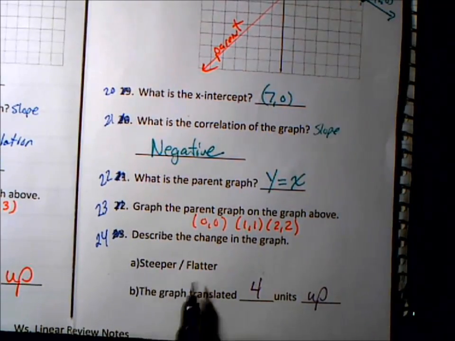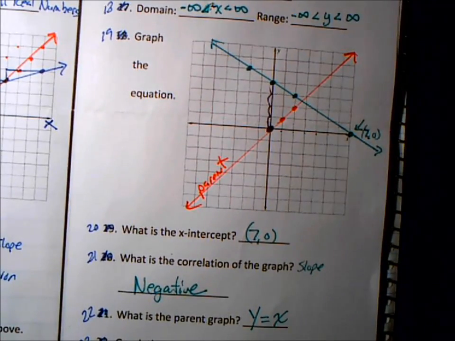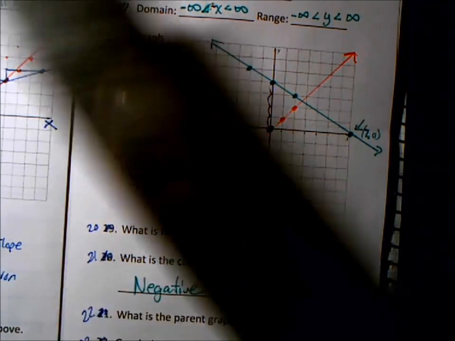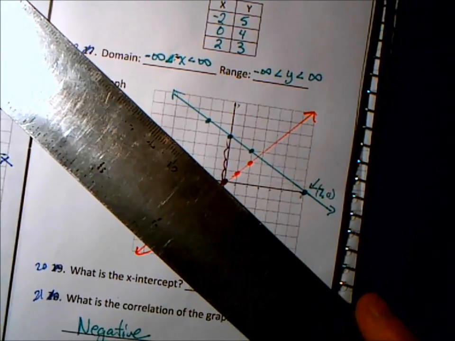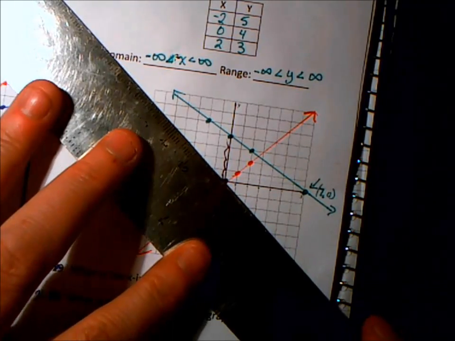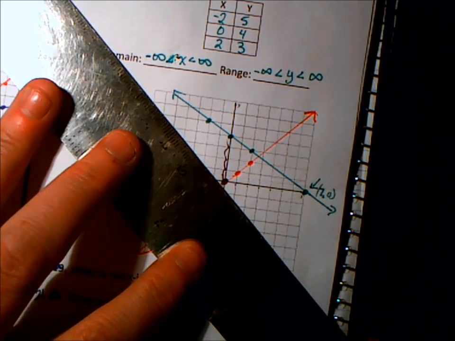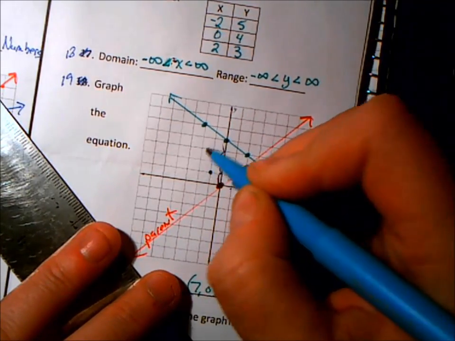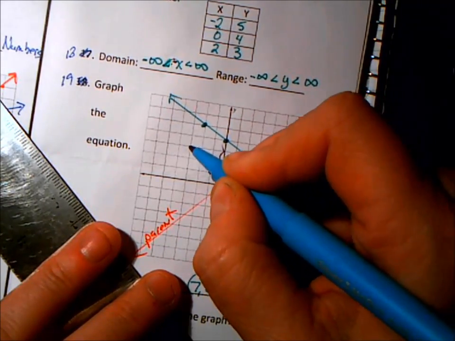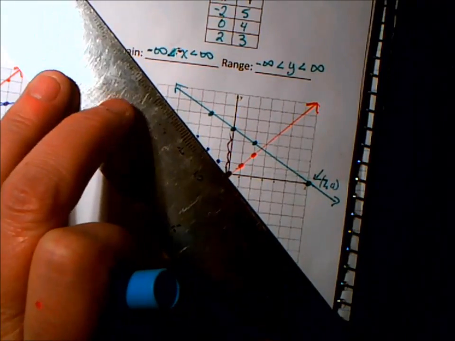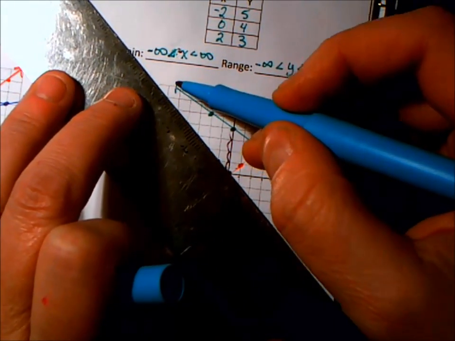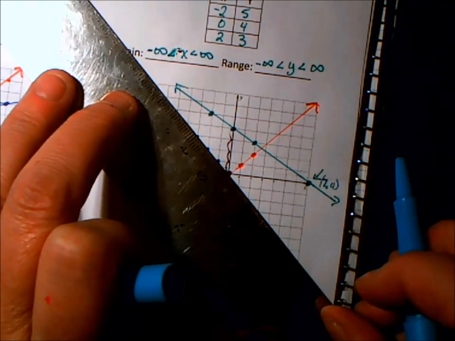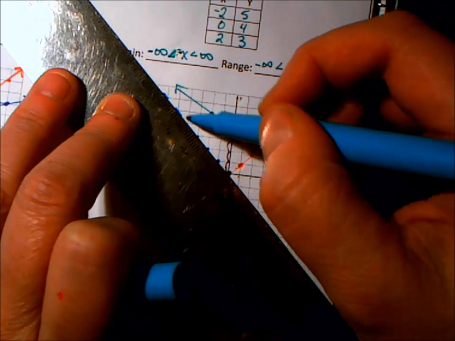But to know whether it's steeper or flatter, well, that one is a little bit perplexing. I can imagine this having the negative parent graph, which would be going in the opposite direction of 0, 0, negative 1, 1, negative 2, 2, negative 3, 3. I'll make this one dotted just so you know that this one actually is not there.